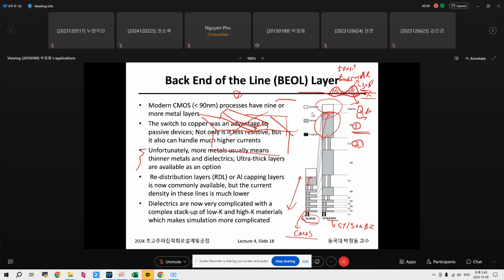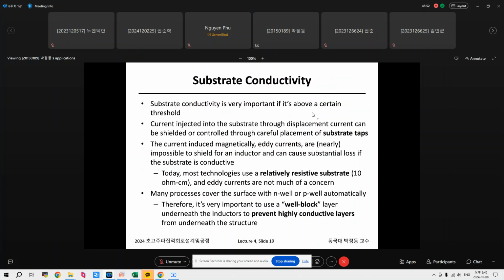Substrate conductivity, that's what I already mentioned, right? So substrate conductivity is very important. The current injection into the substrate through the displacement current should be shielded or controlled through careful placement of substrate taps.